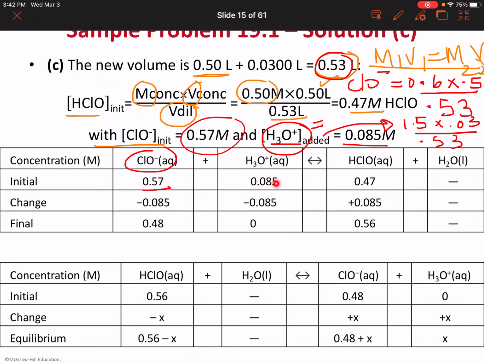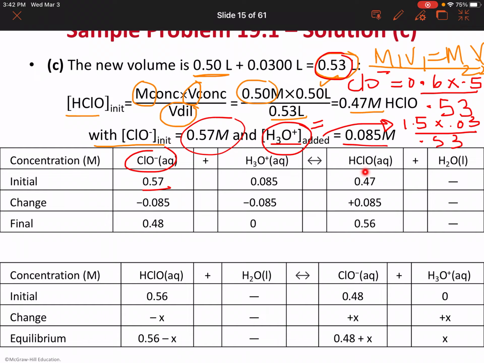Since 0.085 is a small number, it's all going to react with this conjugate base. You use the same amount of hydronium ion, in a 1:1 ratio, so you are making positive 0.085. The final is 0.57 minus this amount, 0.448. All of this would be used up, and then you add these two together to find the final concentration of HClO.